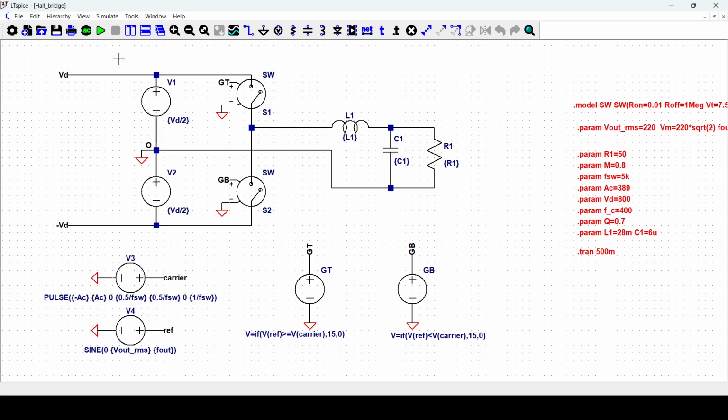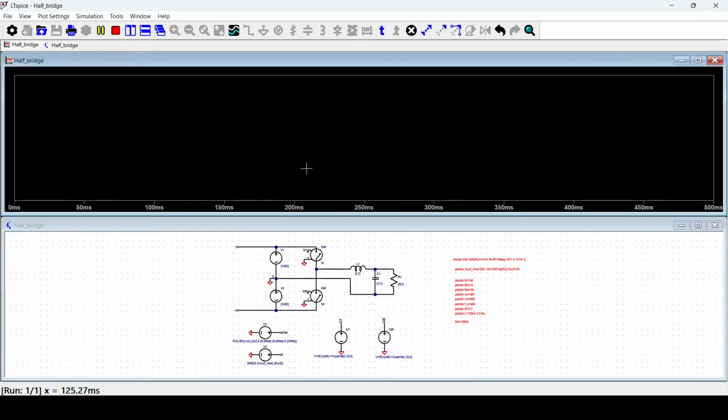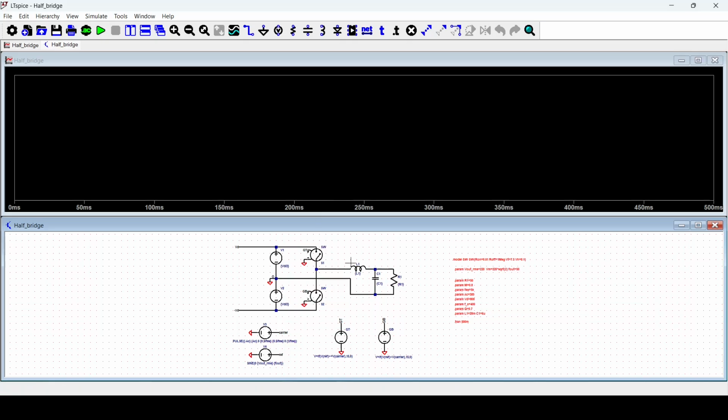We can run once again the simulation, and I would like to show you a nice function that LTspice provides us, which is the fast Fourier transform of any waveform of the circuit. In this case we would like to compare the filtered output waveform with the unfiltered one.